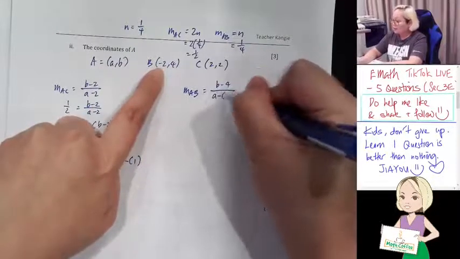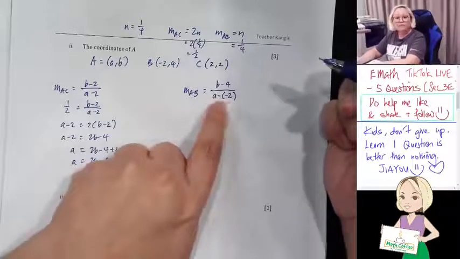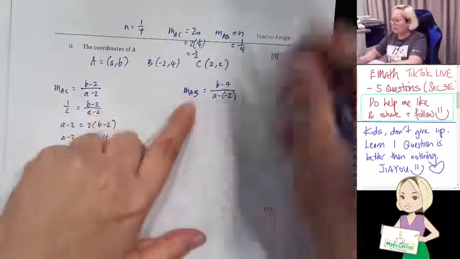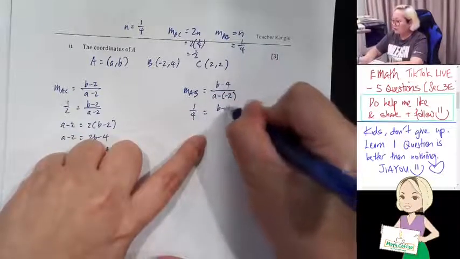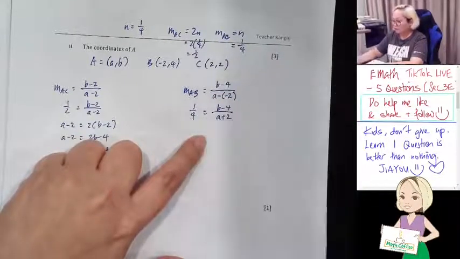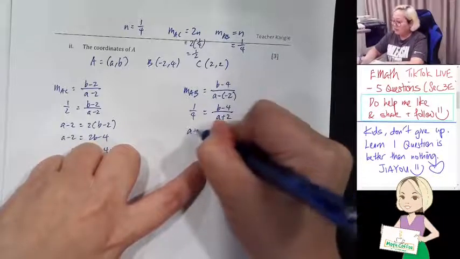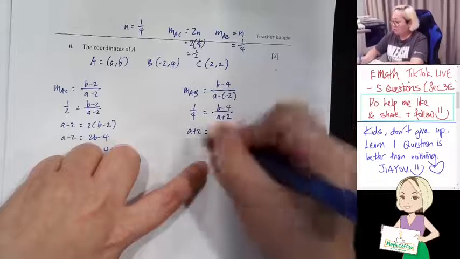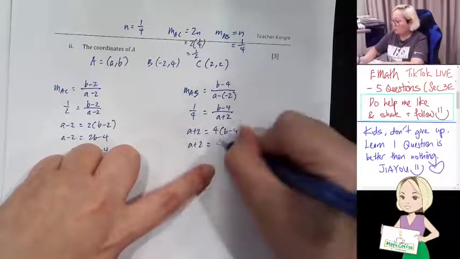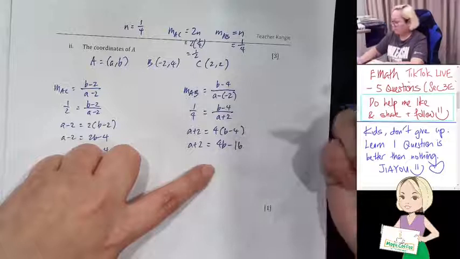Because it's minus minus 2, it becomes plus 2. Now gradient AB is 1/4, so I put it back here. So it's B minus 4 over A plus 2. Cross multiply: A plus 2 equals 4 bracket B minus 4. A plus 2 equals 4B minus 16.